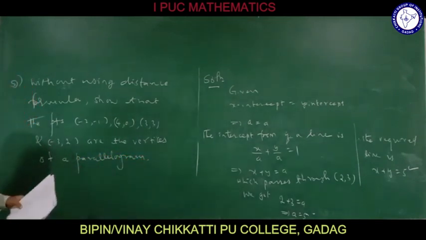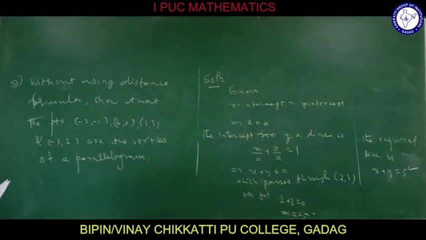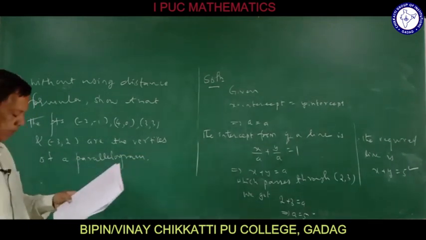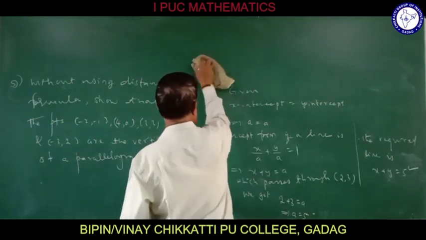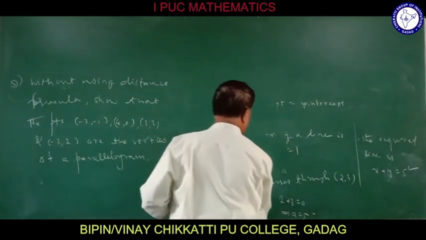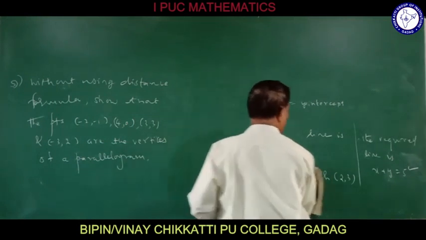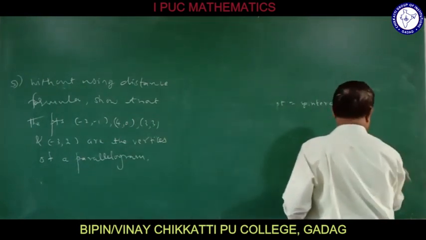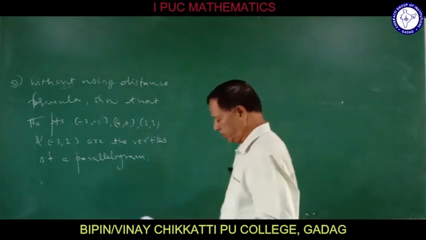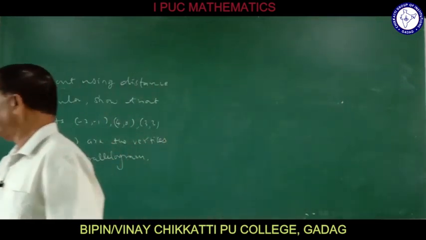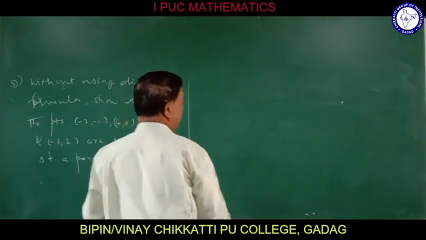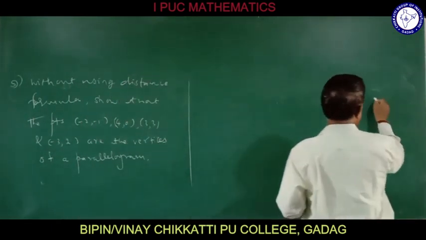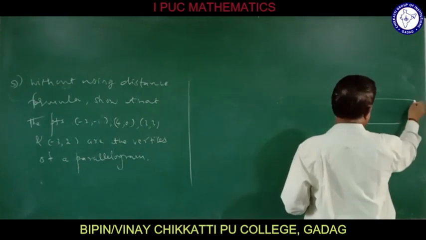See, we are not supposed to use the distance formula, and you have to go for straight line ideas, straight line information. It means slopes and their conditions. You say parallelogram, you know the diagram. This is a parallelogram.